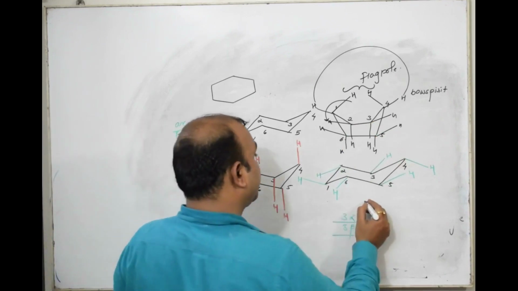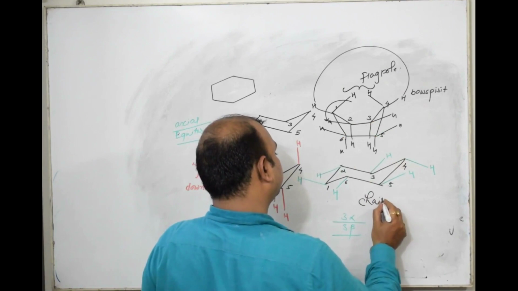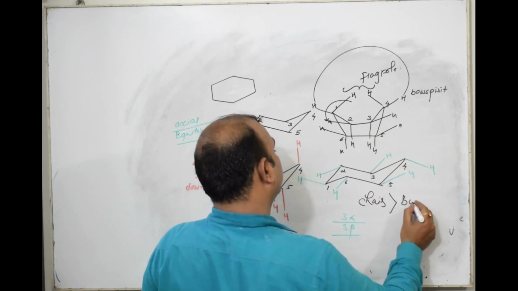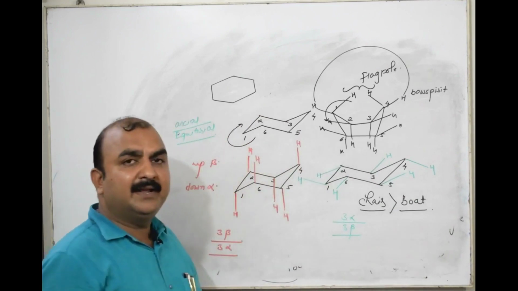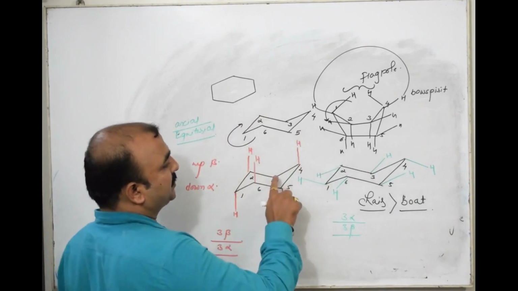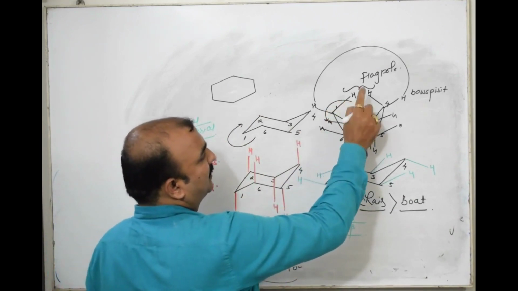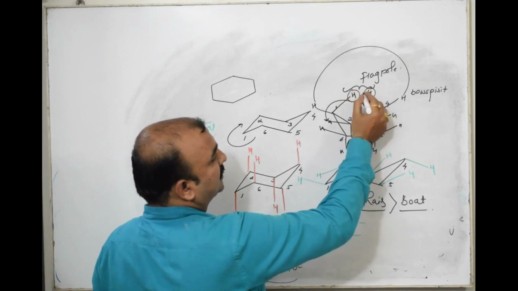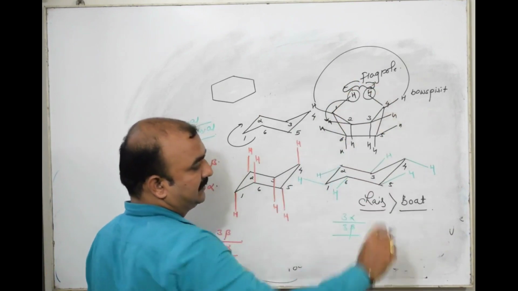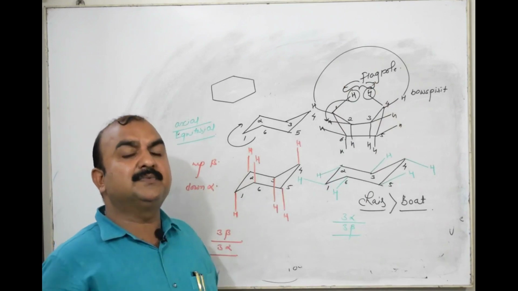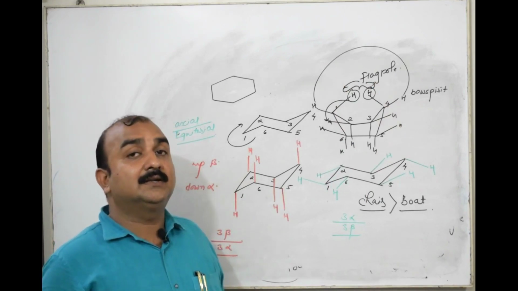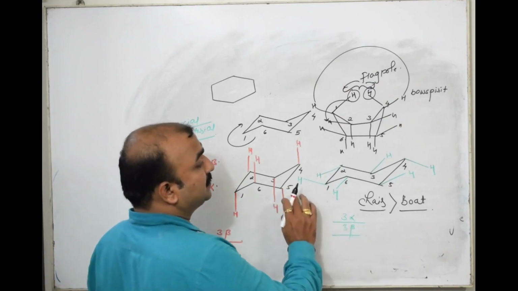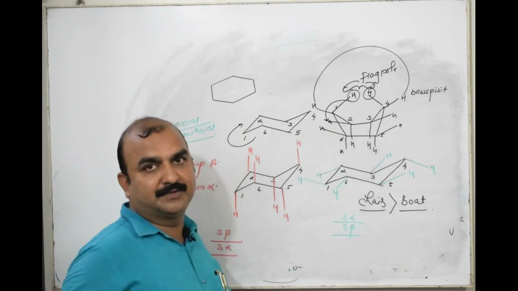Now, chair conformation is more stable than boat conformation. Why? In the boat conformation, there are flagpole hydrogens which repel each other. That's why the potential energy of the system increases, and because of that the boat is less stable than the chair.